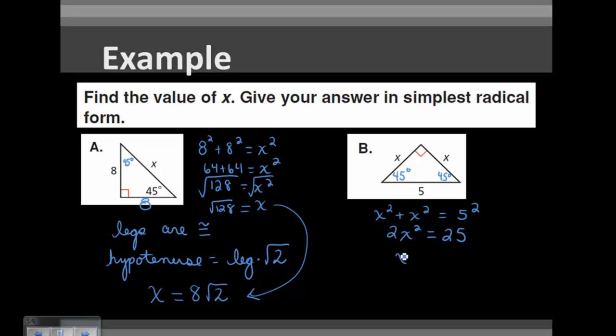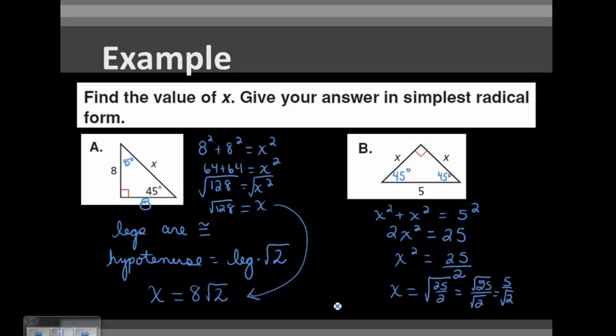Divide both sides by 2, and we get x squared is equal to 25 over 2. And then if we take the square root of both sides, we get x is equal to the square root of 25 over 2, which will be equal to the square root of 25 over the square root of 2, which is 5 over the square root of 2.